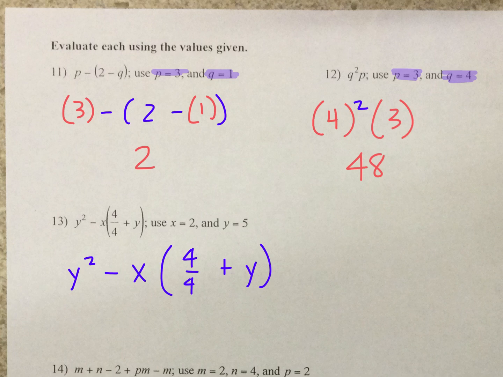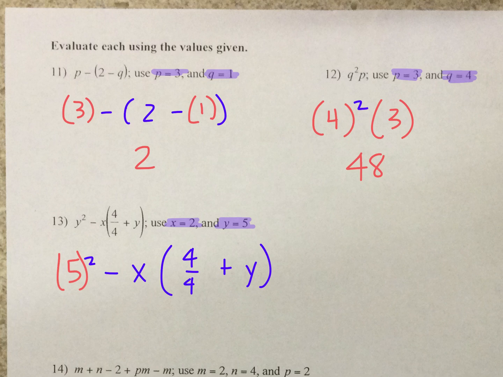All right, we're going to do the same thing in 13. And let's see, I've got x is 2, y is 5. Instead of y, I'm going to erase it. And in parentheses, I'm going to write a 5 because that's what y is. That squared needs to be outside the parentheses.